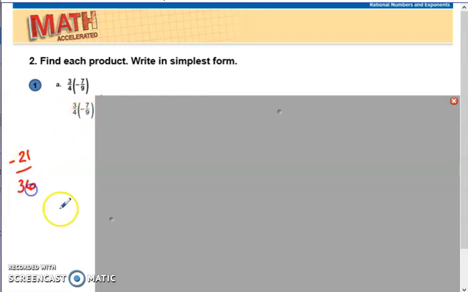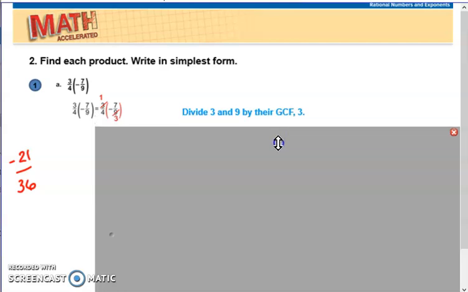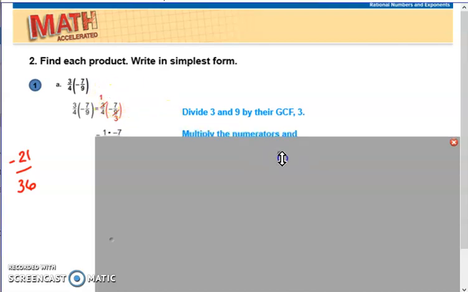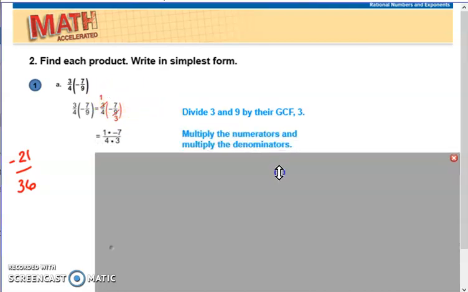You've got to reduce that. But if you did some reducing first, it would look like this. 3 goes into 3 and 9, right? So 3 divided by 3 is 1, and 9 divided by 3 is 3. So now it's just 1 times negative 7. They didn't forget theirs either. I always like putting my negative up in the numerator so I don't forget. And then 4 times 3.